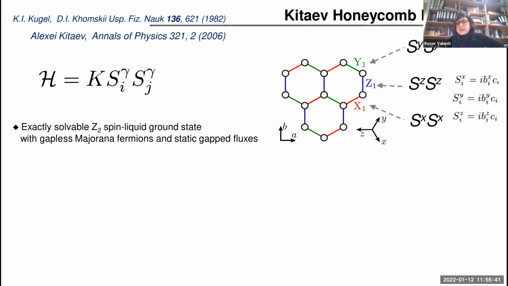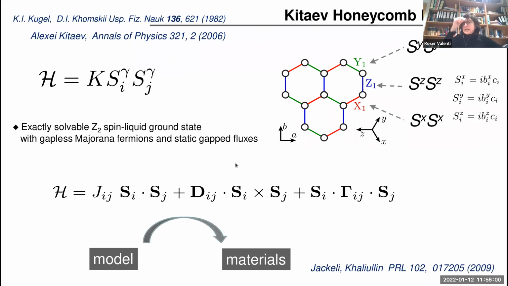So this is a highly frustrated model. Kitaev solved it exactly by using the representation of Majorana fermions. The ground state is a Z2 spin liquid, and the excitations are gapless Majorana fermions and static gauge fluxes. So beautiful physics. The question is, can we get that into a material realization?